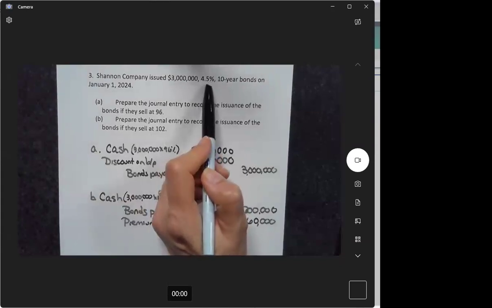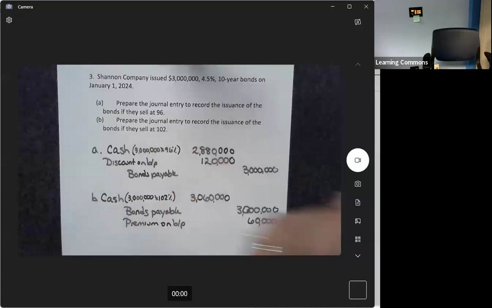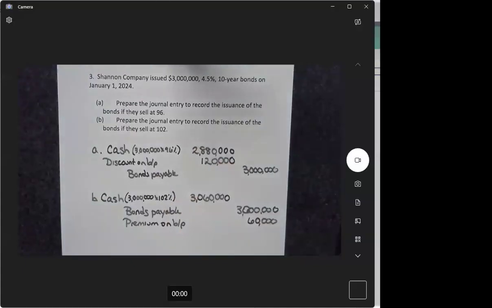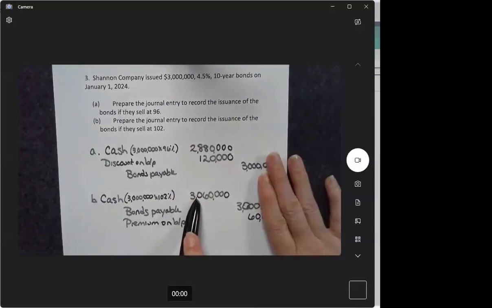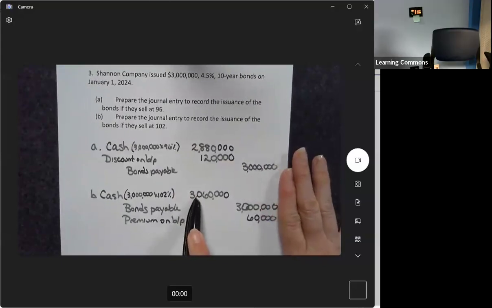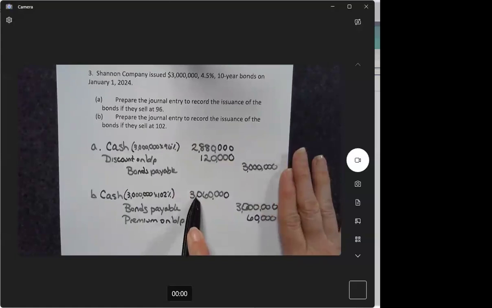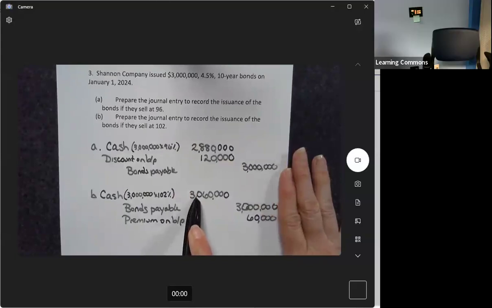Our bonds are paying 4.5. If our bonds are paying higher interest than everybody else, we're going to be able to get more money than we thought for those, because customers are going to pay a premium price to compensate the company for the fact that we're paying higher interest than everybody else.